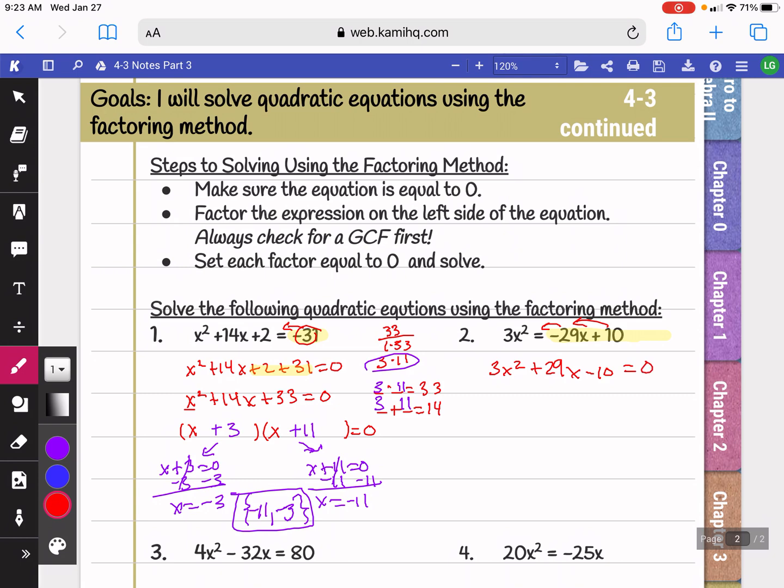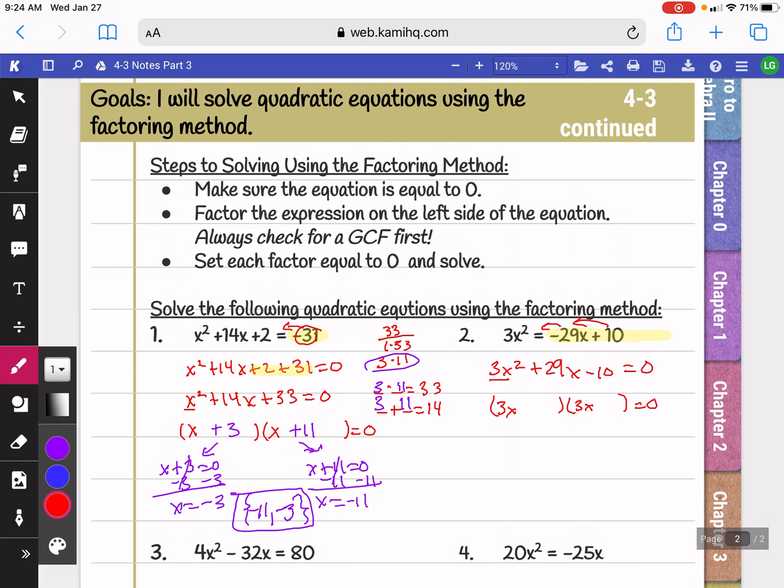Now that my equation is equal to 0, I can start using factoring. Always check for a GCF first. So if I look at 3, 29 and 10, the only number that those can be divided by is 1. So I don't have a greatest common factor there, so I'm going to start to set up my parentheses. This time, since it begins with 3x squared, I'm going to put a 3x and a 3x in those parentheses.